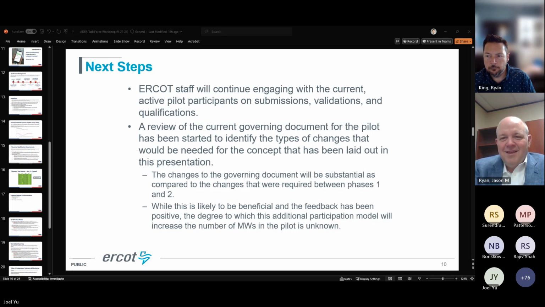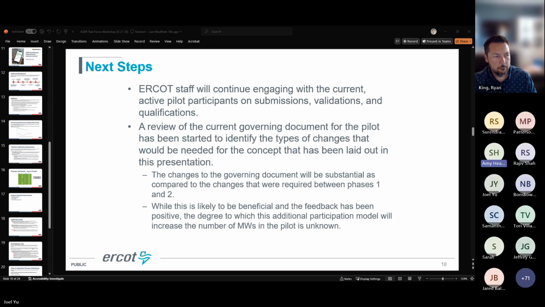Hey all, thanks for the presentation and for how you're thinking about this blocky proposal, and I appreciate you laying out the next steps. I think just being open to thinking about the next opportunity to provide input. It sounds like staff is open to meeting with current pilot participants.